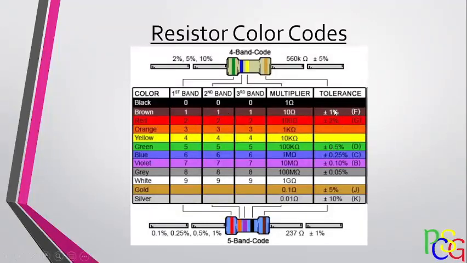Brown is plus or minus 1%, red is plus or minus 2%, green is plus or minus 0.5%, etc. And as it goes on, there's less and less margin of error. That is why this is here, so that when you have calculated resistors based on the color code and then go back to measure to check it, you understand.